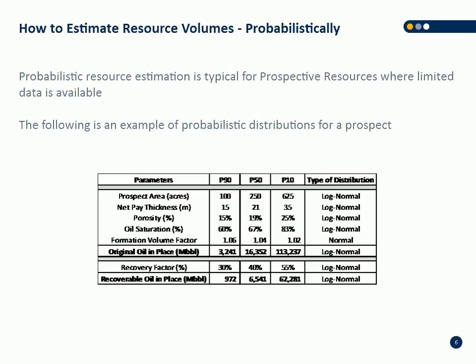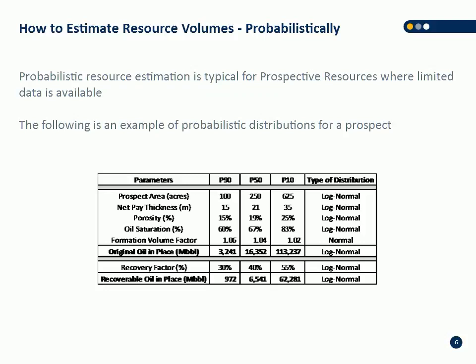So every parameter that goes into the volumetric calculation has a full distribution of potential values when you're doing a probabilistic evaluation, which is why you have to use a computer software, something like a Monte Carlo simulation, to generate these millions of potential values and then put them in a distribution so you can pull the P90, P50, and P10 values.